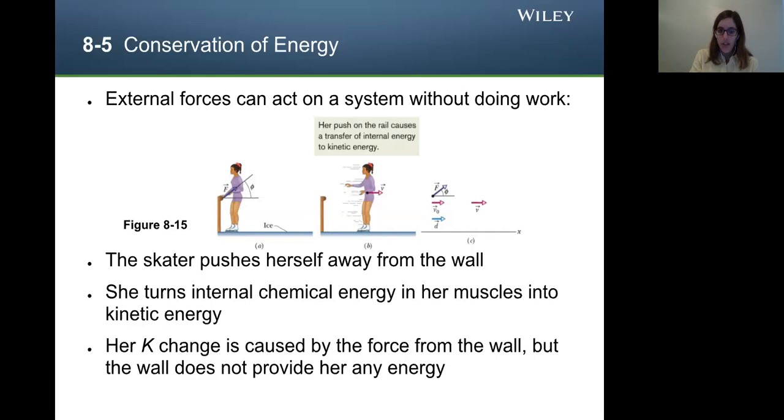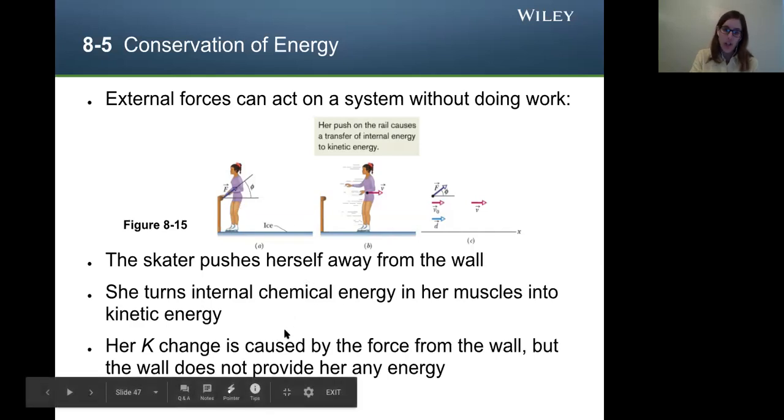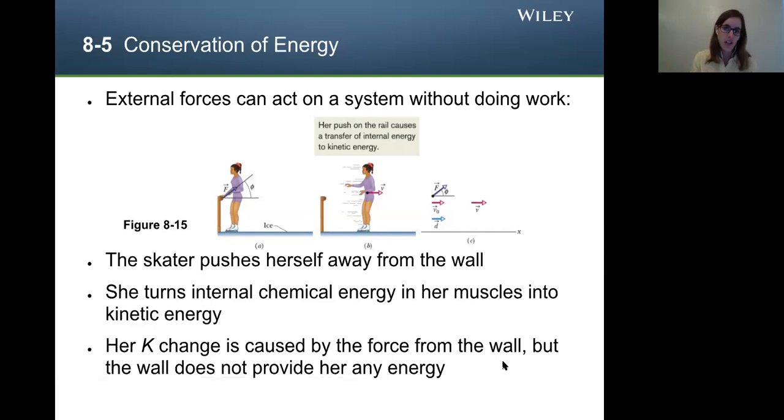The interesting part here is her kinetic energy change is caused by the force from the wall, but the wall is not actually giving her any energy. It's not that the wall suddenly becomes weaker because people pushed off of it. That would be a bit concerning structurally. Instead, her muscles become just a tiny bit weaker, where she would need to replenish them with adding food so they can rebuild.